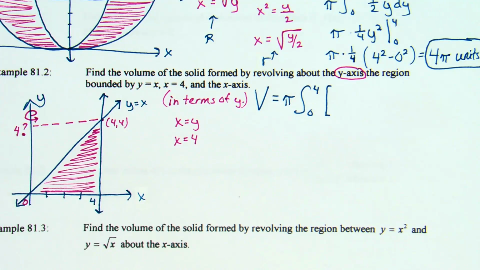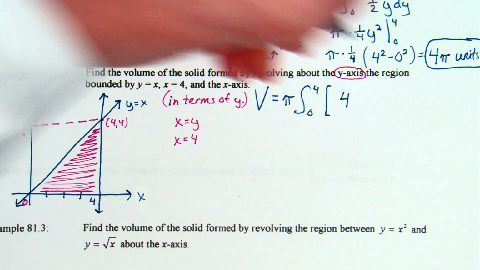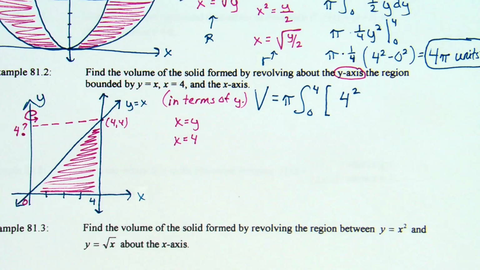What borders? x equals 4. And so for x equals 4, what do I use right here? 4. Because we're doing volume, it's r squared, so we're going to use 4 squared. Yes, it's a constant, but that's what the equation is. They don't have to be in y.